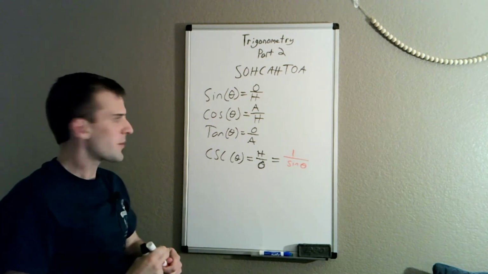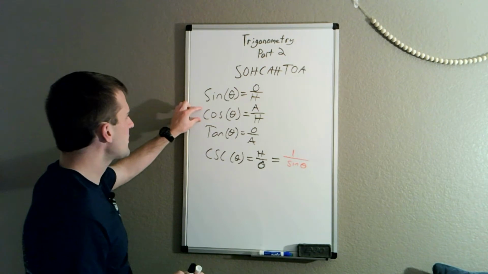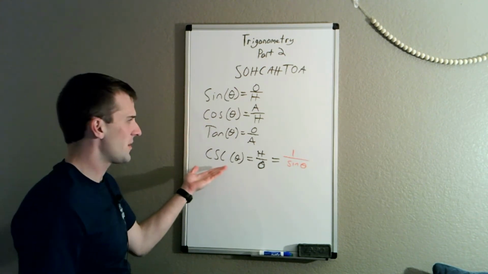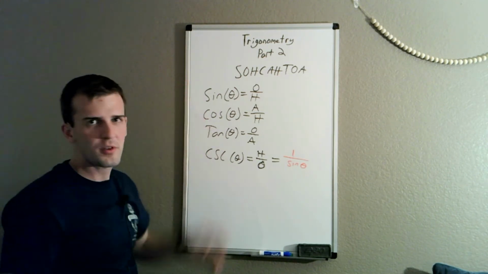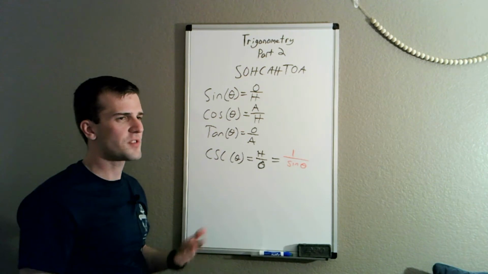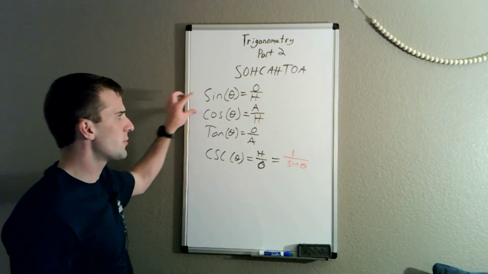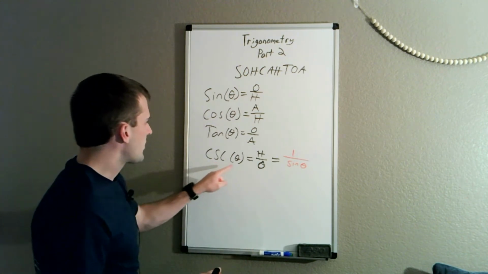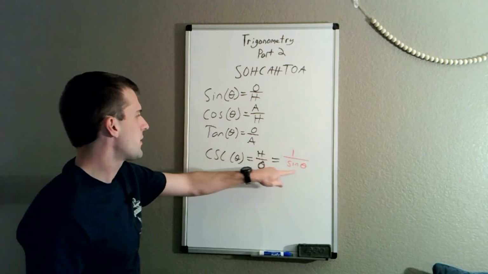I know it's a little backwards because you think cosecant would be associated with cosine, but that's just the naming convention that is used. Cosecant is equivalent to sine. There's probably a good reason for this naming convention, but I just remember it by thinking it's opposite of what I would think it would be. So we have cosecant of theta is hypotenuse over opposite, which is equal to 1 over sine theta.